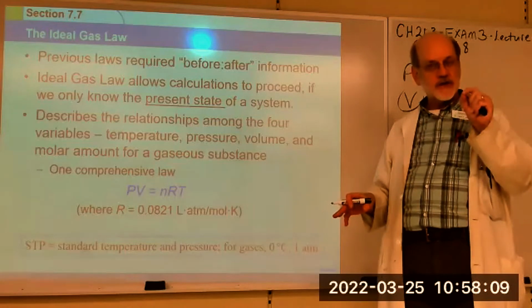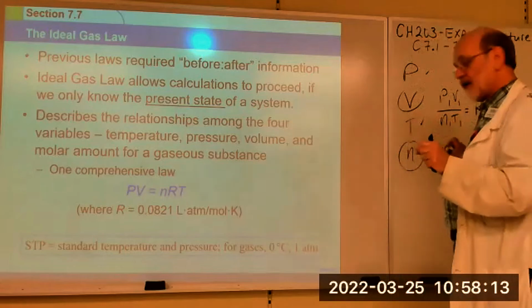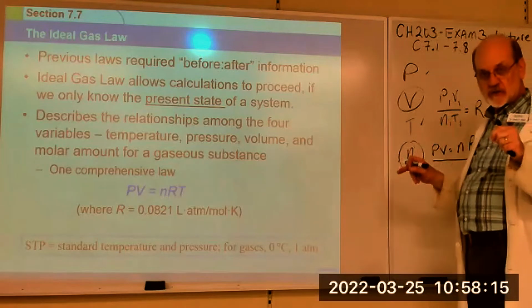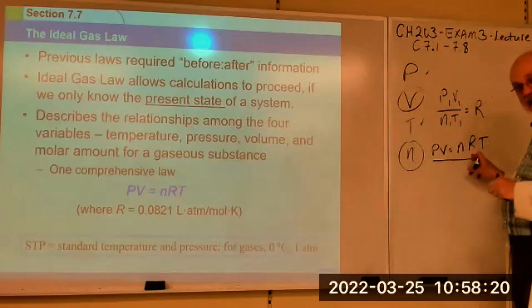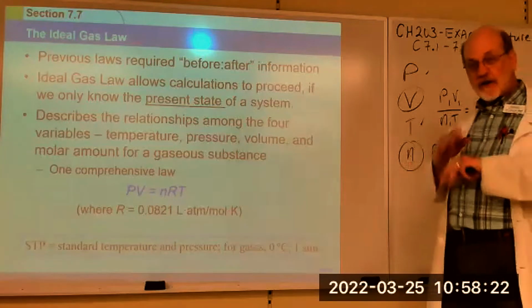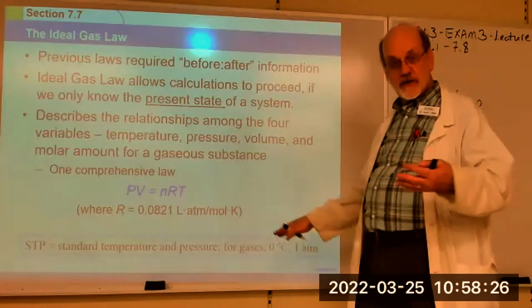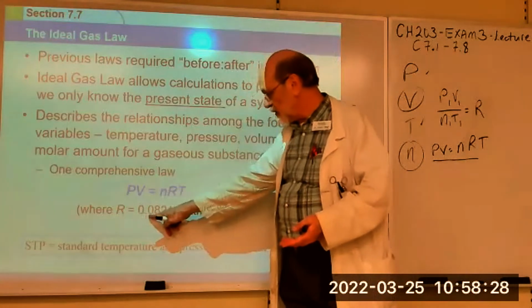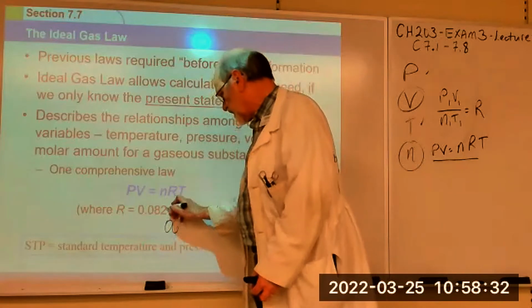The units of measure for the constant dictate the units of measure for each of your variables that must be used. If you use a different unit than is in the constant, then the equation falls apart. It doesn't work. So in our case, we're going to be using this one constant, 0.0821.